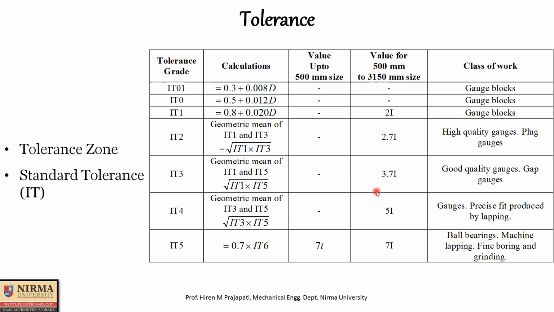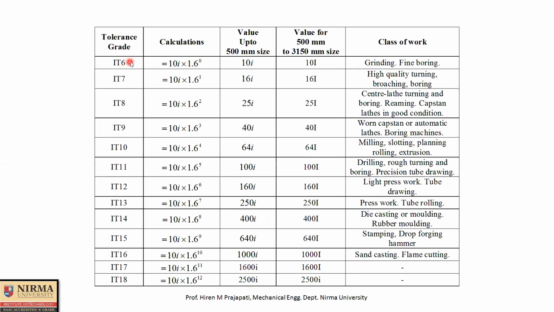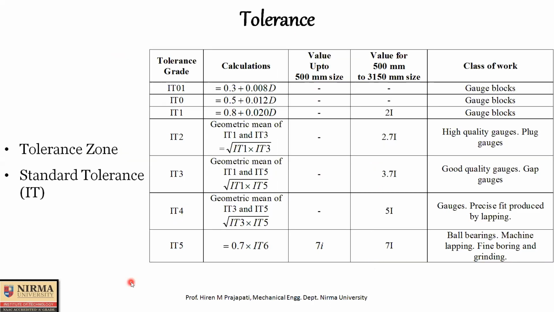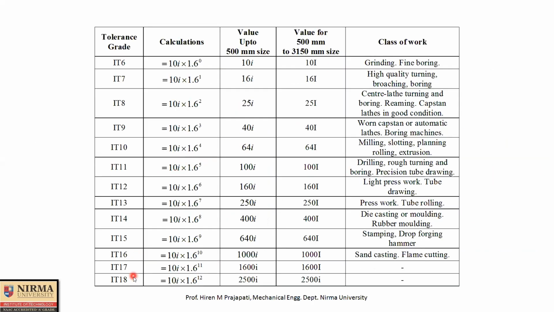So next grades, that is IT6 up to IT18. So here if you see total how many grades are given as per Indian standards, IT0, 1, 2, up to IT18. So total 20 tolerance grades are there, and these grades are actually as per the manufacturing process capability.